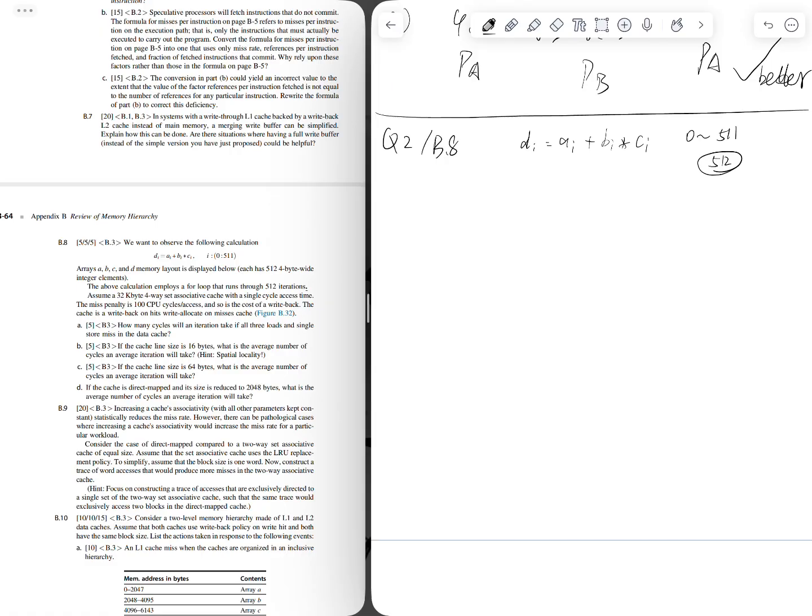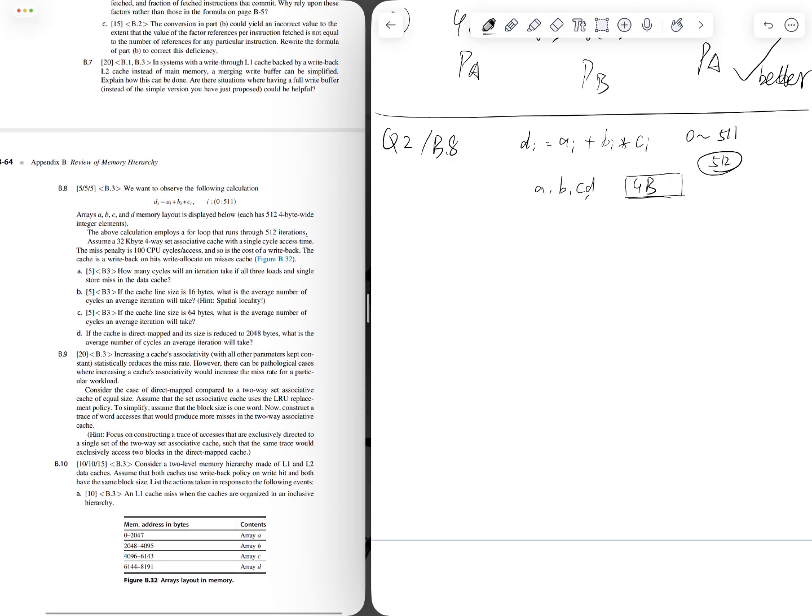A, B, C, and D are arrays of 512 integer elements, each 4 bytes wide.